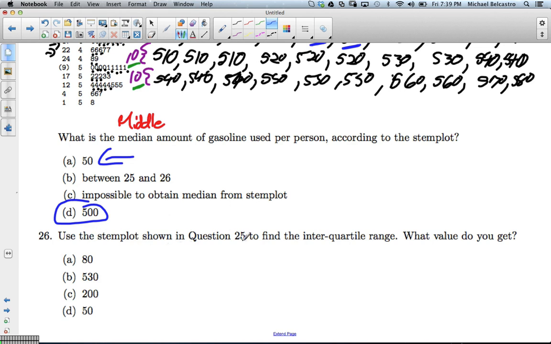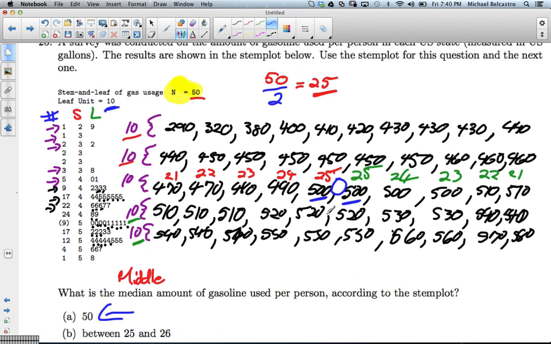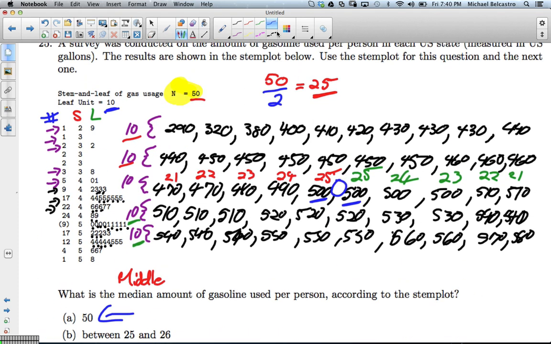So now that we have that information, we can also try to solve something else. Use a stem and leaf plot to find, for question 25, the interquartile range. Perfect. Interquartile range. This will help us immensely. Right here, this is our Q2. This is the exact middle, halfway. So now we know there's 25 values to the left and the right. We're going to take 25 and divide by 2.